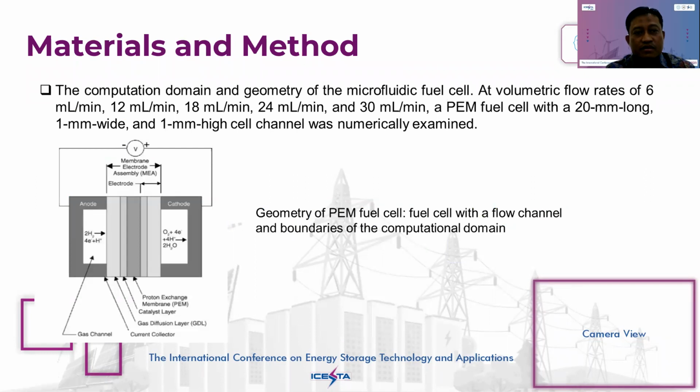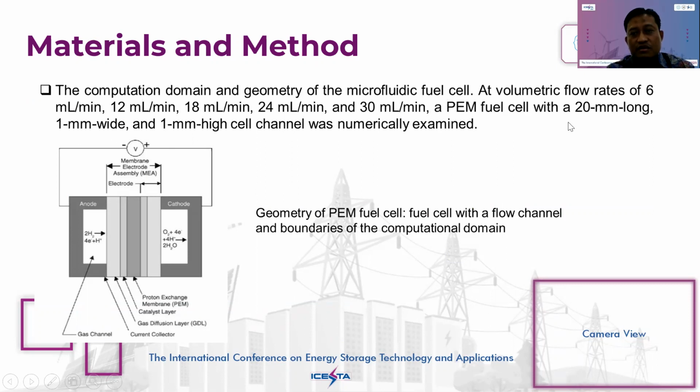This is the material and method. First, the computation domain and geometry. My fuel cell has volumetric flow rate variations of 6 milliliter per minute, 12, 18, 24, and also 30 milliliter per minute.